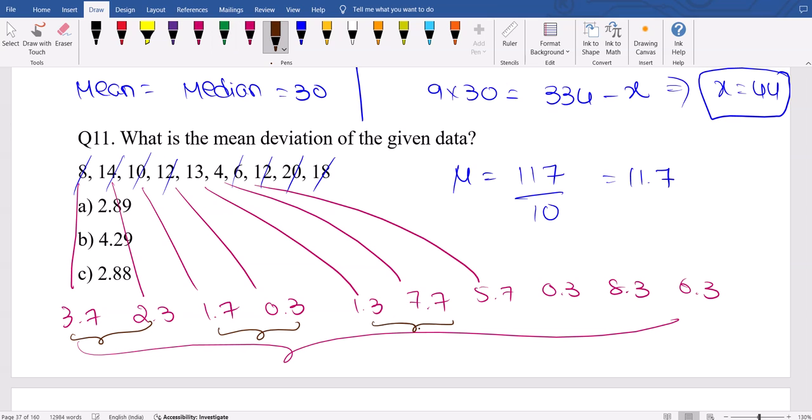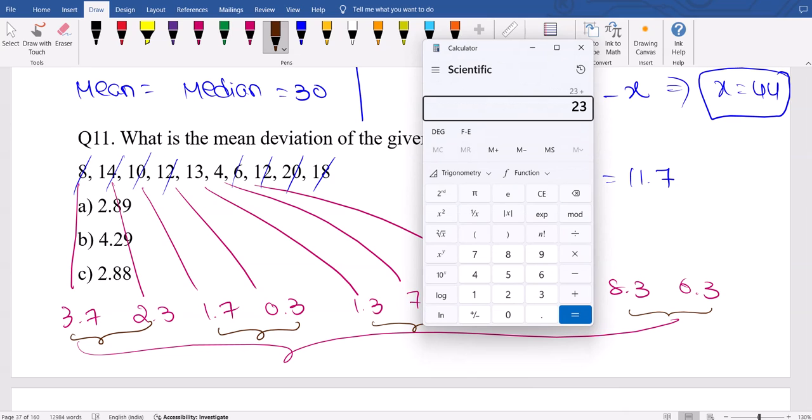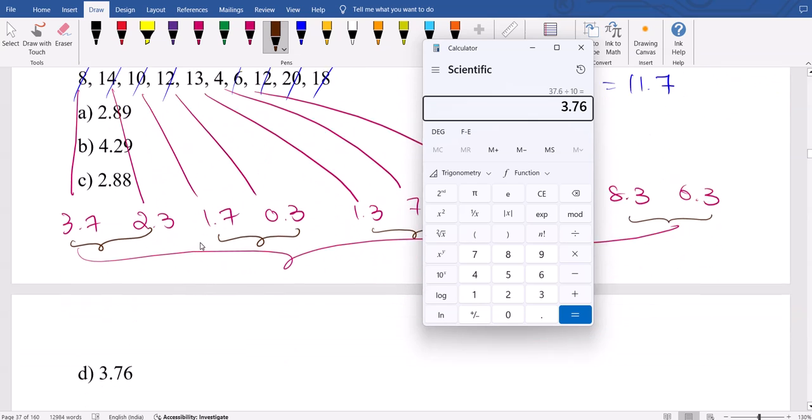Here it is 9, 8 plus 9, 17. Here it is 6, 17 plus 6, 23, 23 plus 14.6, divided by 10. I get 3.76.